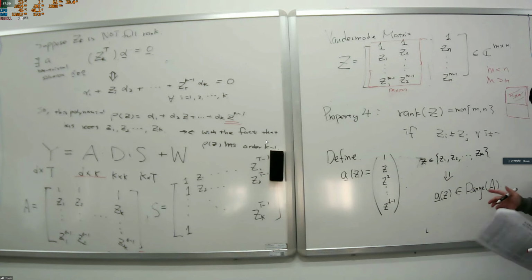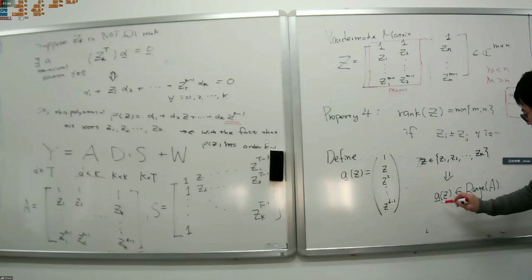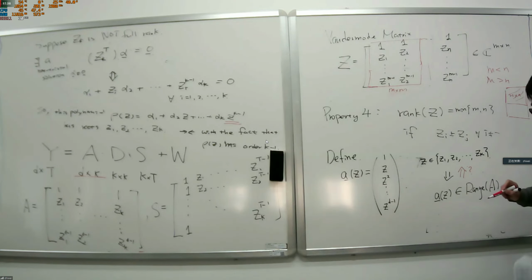Then the question is whether this direction can be true or not. If you find a z and you find out that a(z) belongs to the range space of A, we wonder whether z is one of the correct solutions we want to find.